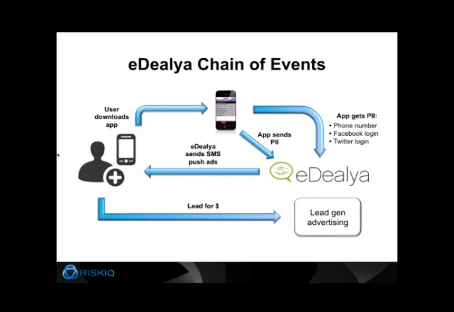The eDelia ad network then sells a lead service, so now they know Aetna's application was downloaded. They know what the user's phone number is, and they also know contextual information about what that person is posting on Facebook and Twitter. They take that information and bundle it up and sell it off to the highest bidder, which creates an SMS push ad to the consumer.